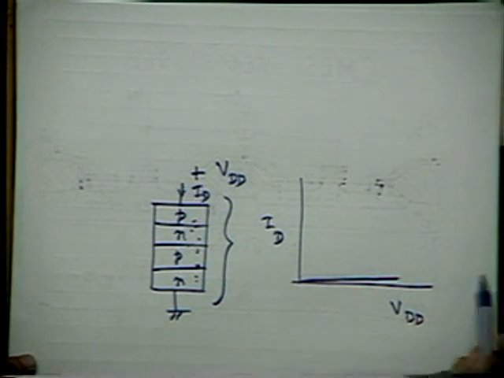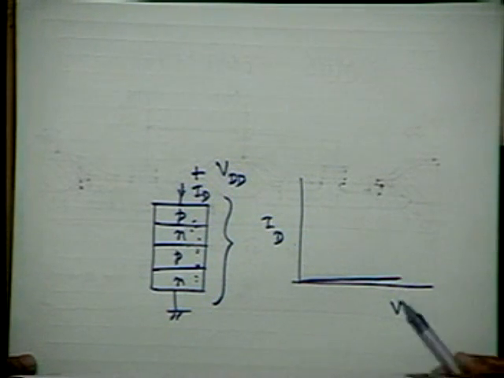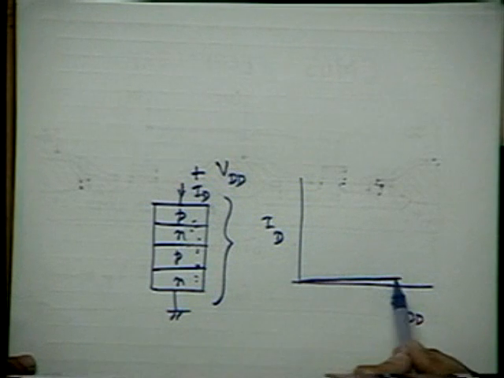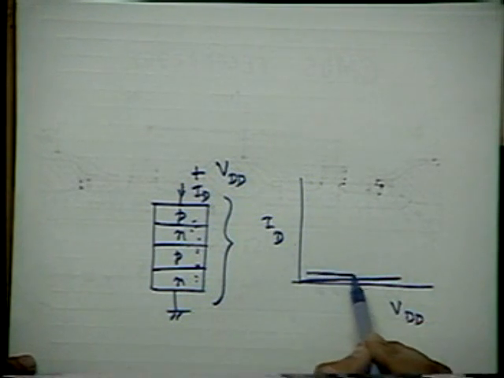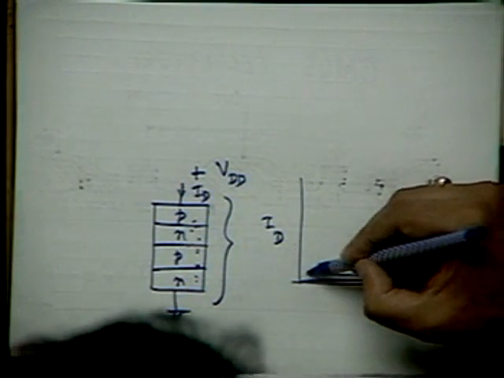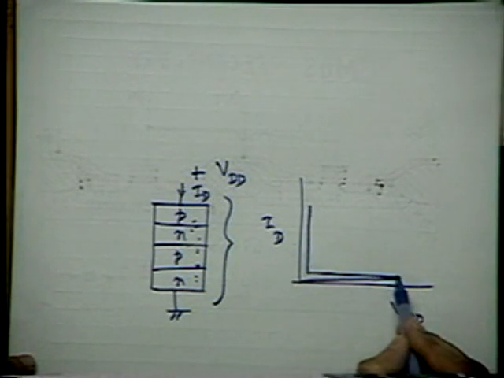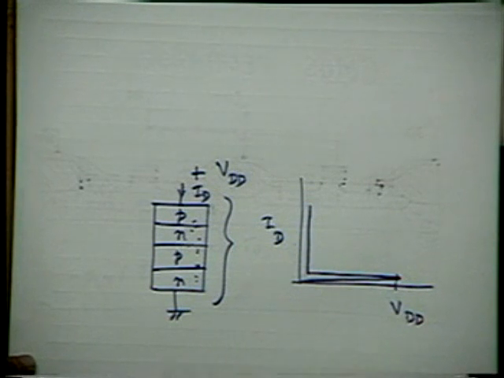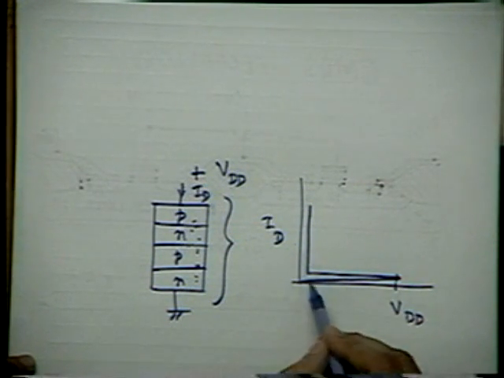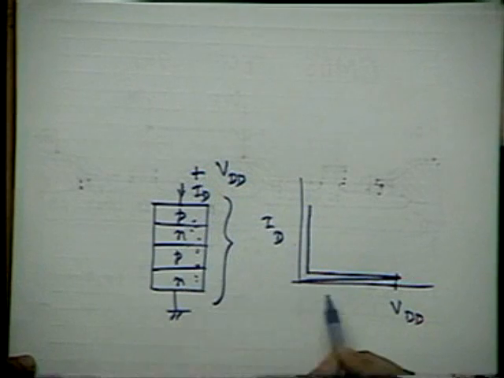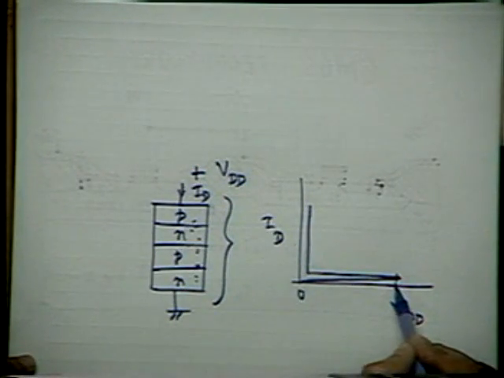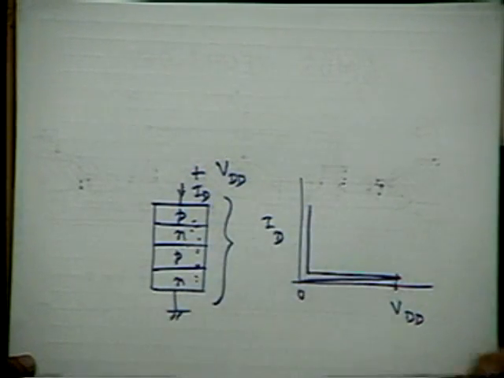But ultimately, above a certain voltage called the forward blocking voltage, you remember, suddenly there is a switchover of state from a low conducting state to a high conducting state. You remember that? This is the forward blocking voltage. So when the power supply voltage is from 0 to this voltage, this device will not draw much current.